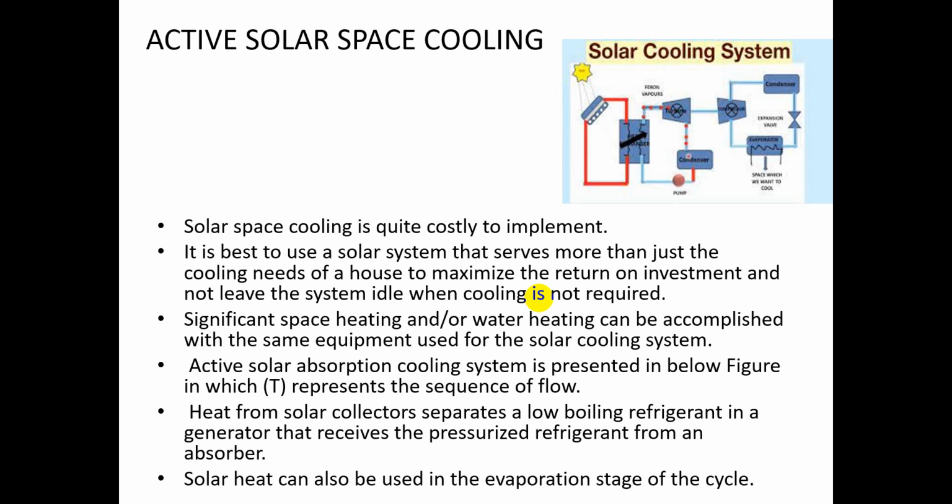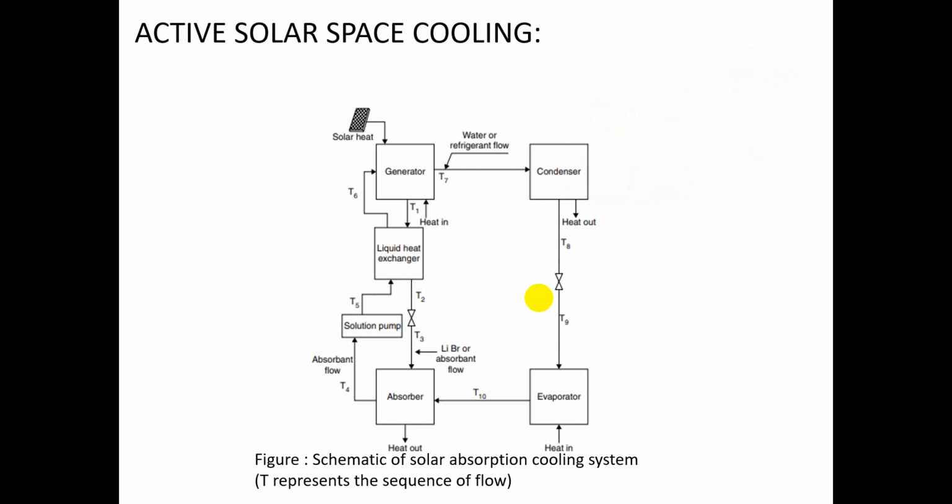The active solar absorption cooling system is presented as shown in the figure above. The sequence flow is as follows. Heat from the solar collector separates a low boiling refrigerant in the generator, which receives a pressurized refrigerant from the absorber. So solar heat is used as the operating stage of the cycle. Here you can see different modules: generator, condenser, evaporator, absorber, and pumping system, from there to the liquid heat exchanger and back to the generator.